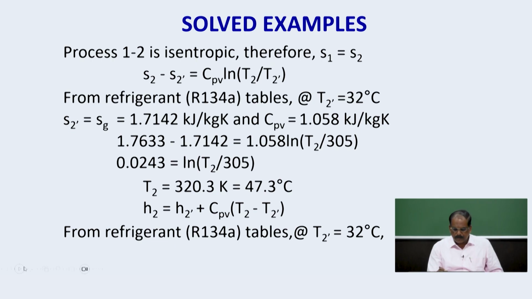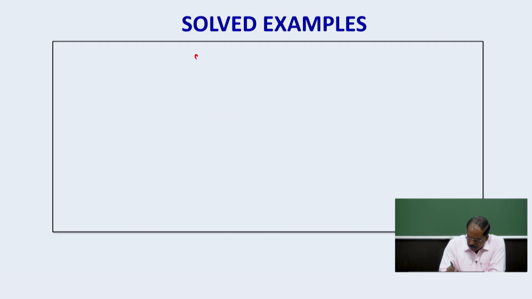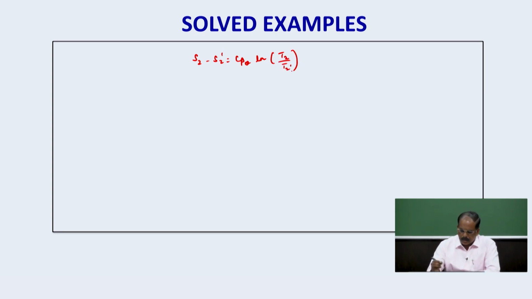So I will be continuing from here. S2 minus S2 dash is equal to Cp of vapor into ln of T2 by T2 dash. Here T2 is unknown, and we need to find it.